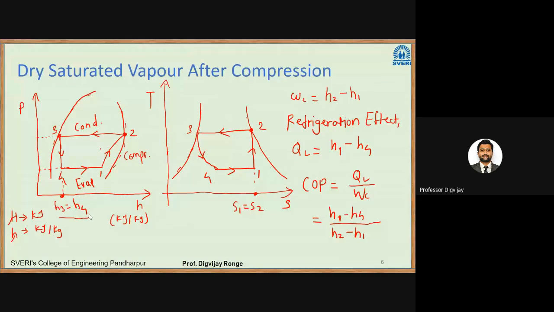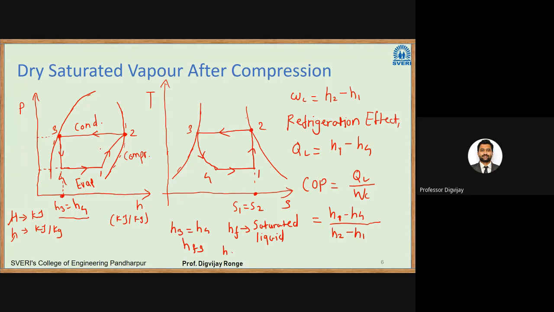So here I have written it, H3 is equal to H4. Now you can see here H3 is nothing but HF3. So HF, these are the enthalpies which are related to saturated liquid.